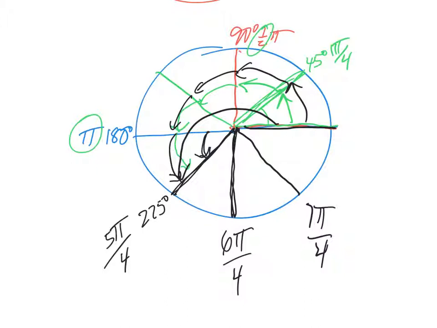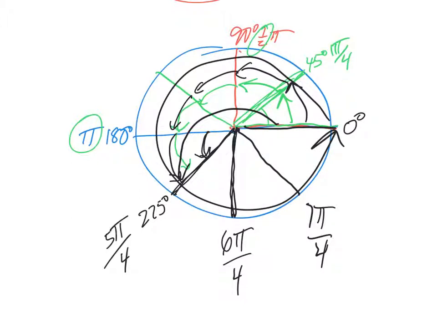Does that make sense to you? This spot is 0 degrees, as in you haven't even opened up an angle yet. Or if you open up all the way around, that's 360 degrees, also known as 2 pi. Two pi what? Radians. 2 pi radians. All right.